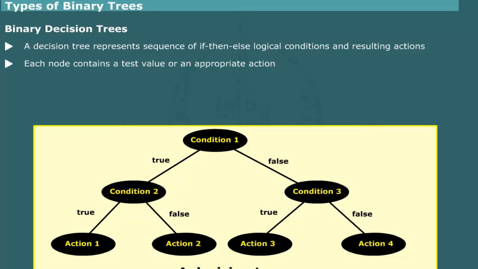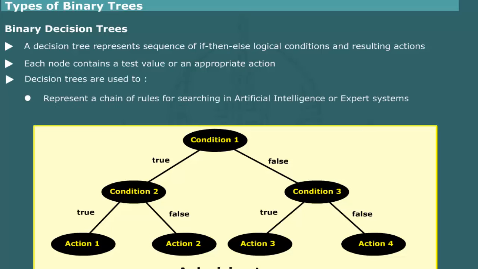In this representation, C1 through C6 are conditions and A1 through A7 are actions or conclusions. Decision trees are often used to represent a chain of rules for searching a knowledge base used in artificial intelligence or expert systems. They can also be used for parsing of logical expressions in high-level programming languages.